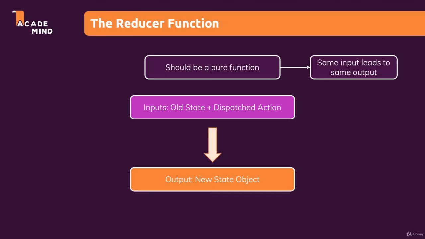Now here on the slide, I said that the output is a state object. It typically will be, because in most applications, state is more than just one single value, but theoretically it can be any kind of value type. State can also just be a number or a string, but in reality, it will most often be an object.